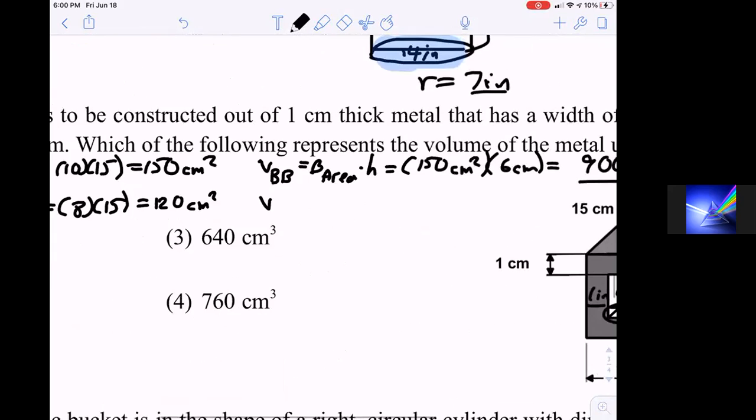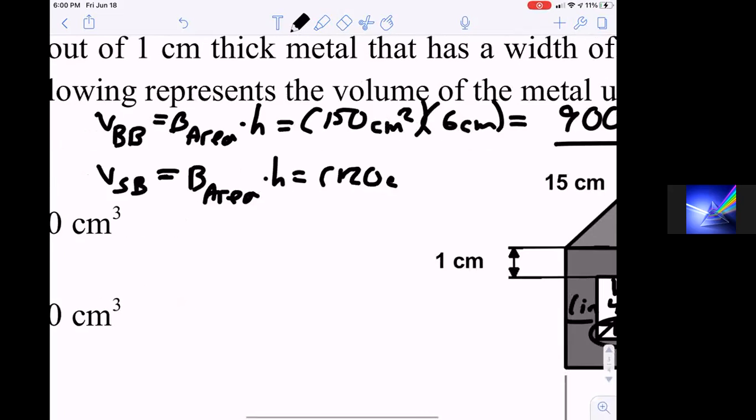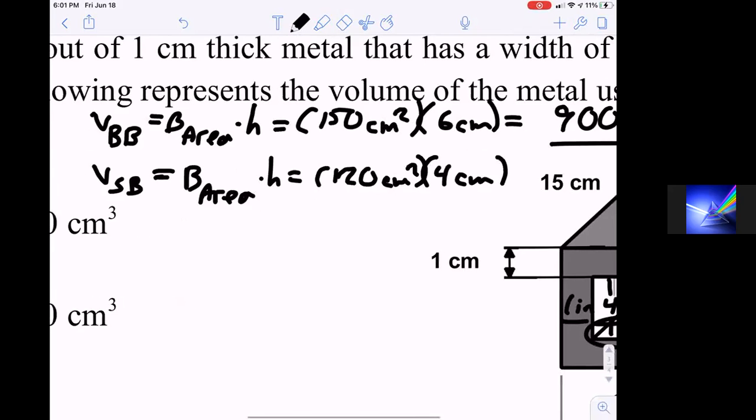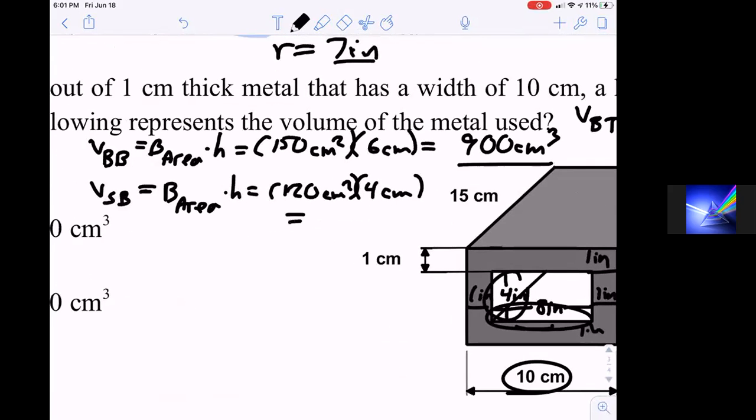The volume of the small box would then be the base area times the height, which is 120 square centimeters times a new height of 4 centimeters. It's only 4 centimeters tall, not 6, which would be 480 cubic centimeters.